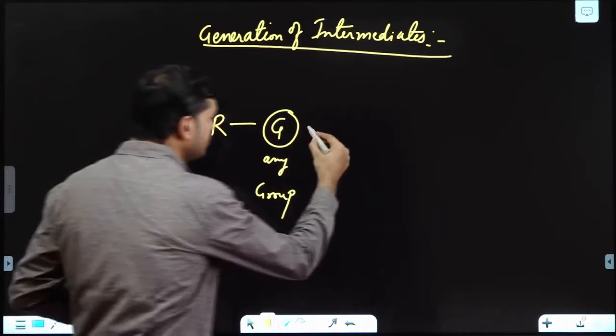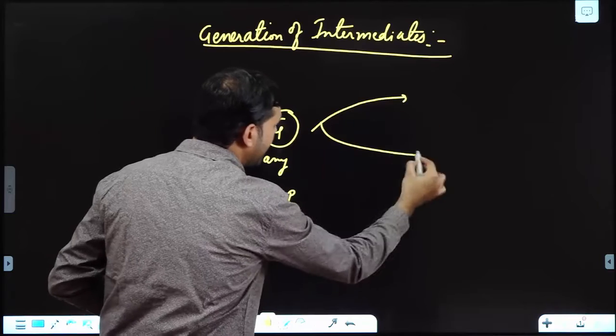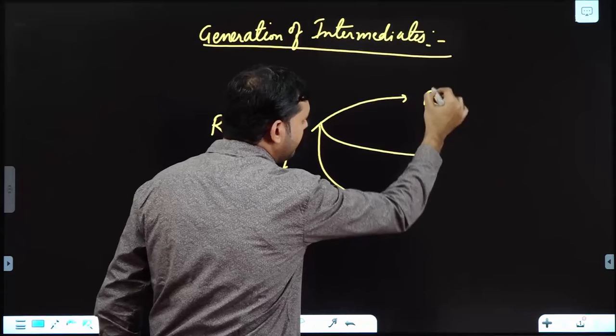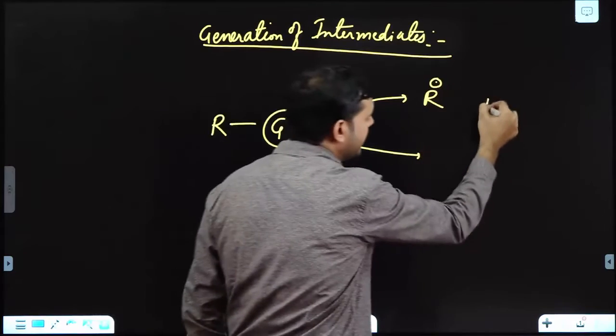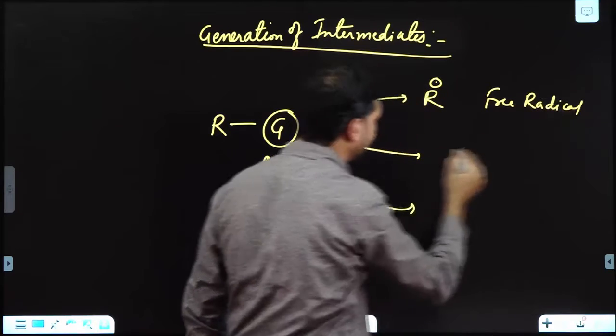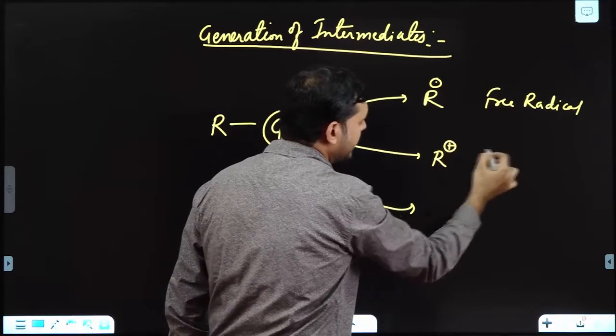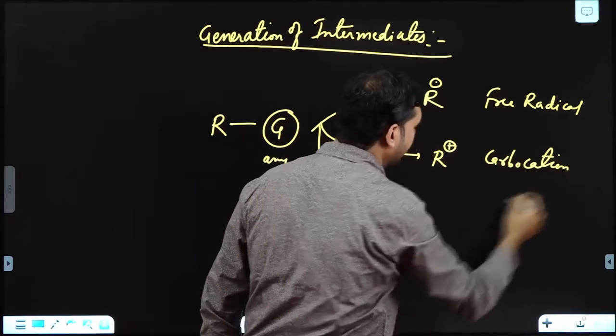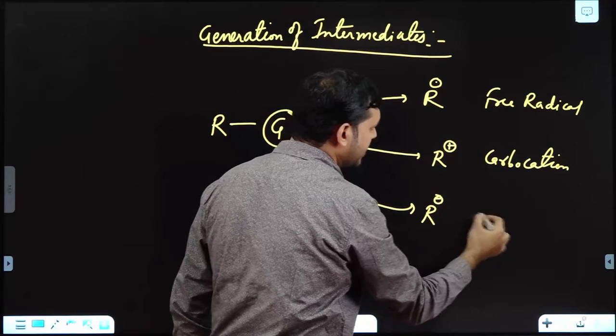Now, there are possibilities that this can form R dot, which is called our free radical, R plus, which is our carbocation, or R minus, which is our carbanion.